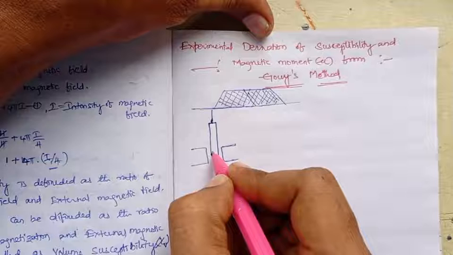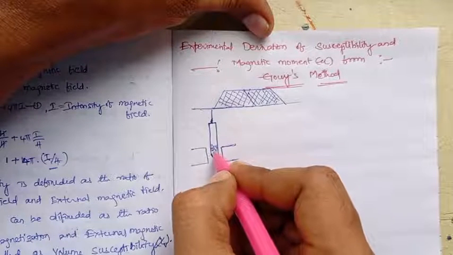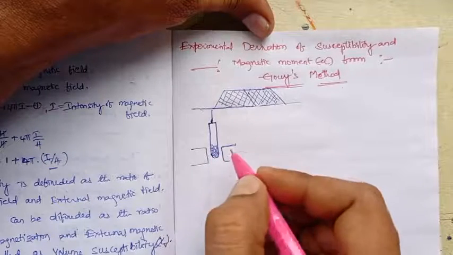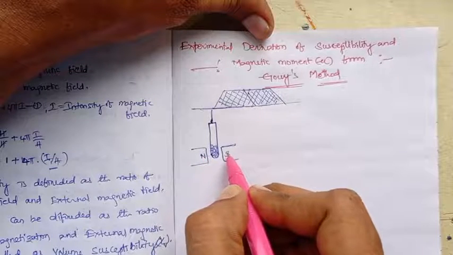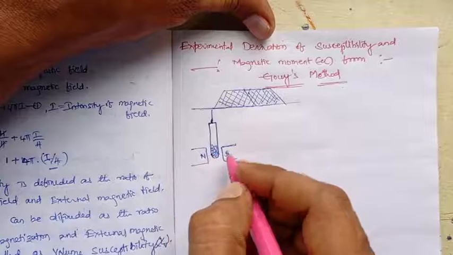The hanging is in a manner that the tip of the sample glass tube hangs exactly in between the poles.